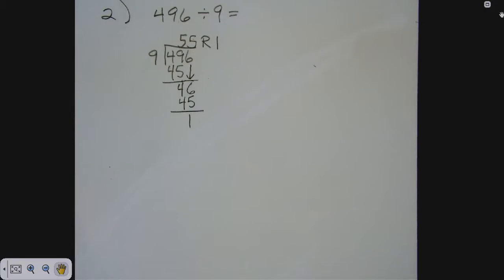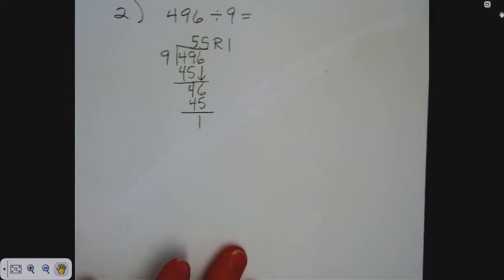In the future, we'll learn how to deal with that remainder, and we'll be able to write it as a fraction, giving us a mixed number, or we will also be able to just continue on as a decimal number. Okay, so there's an example with the remainder.